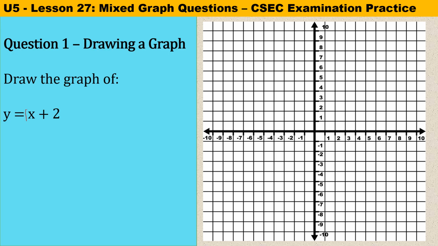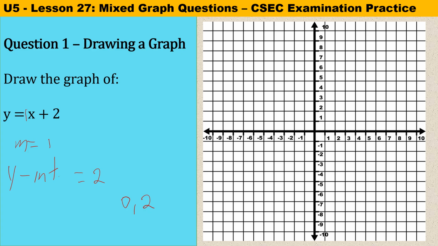That tells you that m, and remember m means gradient, is 1, and your y-intercept is equal to 2. Once you find your y-intercept, you know that your first point is going to be (0, 2). So keep that in mind.